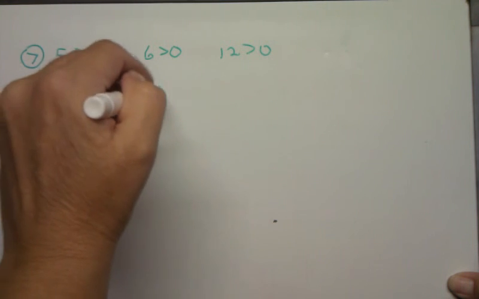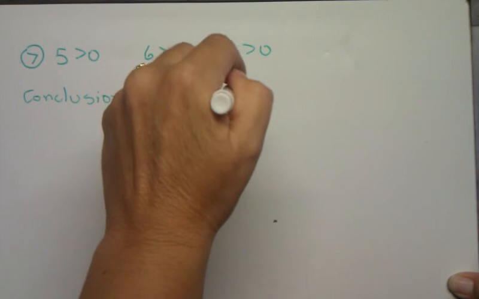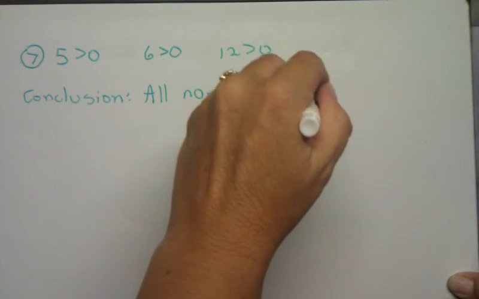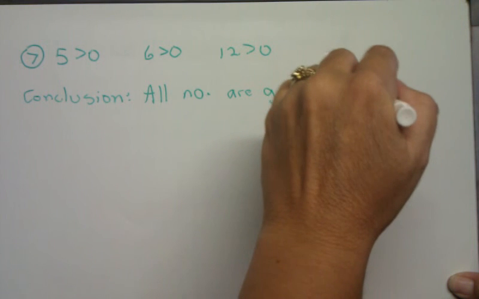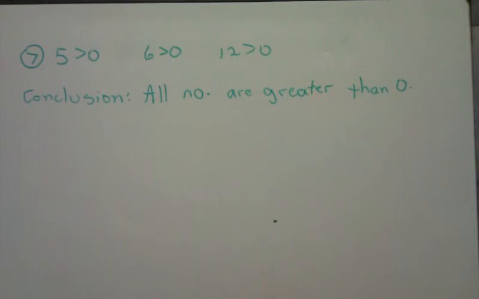All numbers, I'm going to abbreviate numbers, that means numbers. All numbers are greater than 0. Okay, now I want you to stop the tape and I want you to come up with a counterexample.